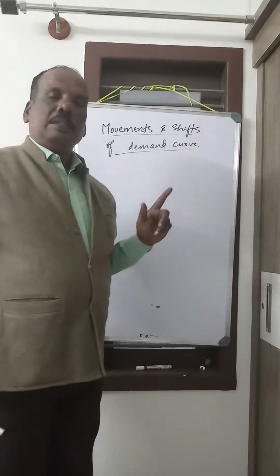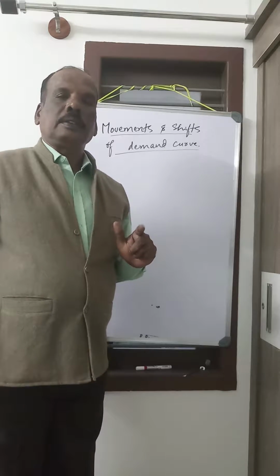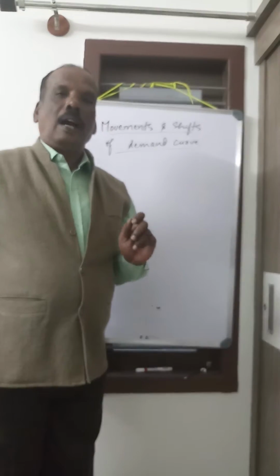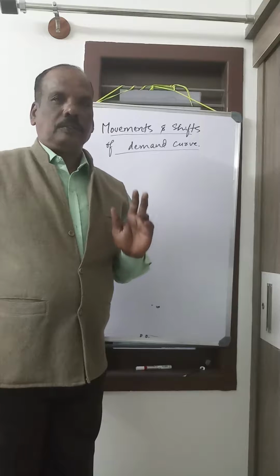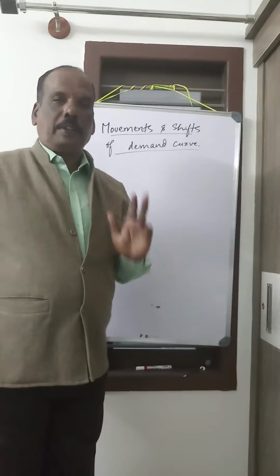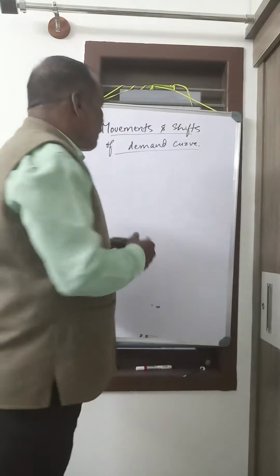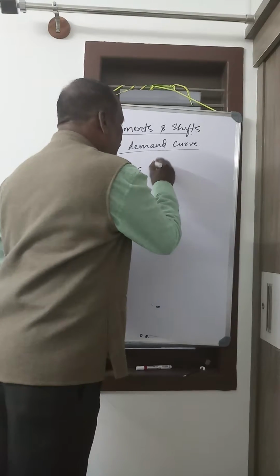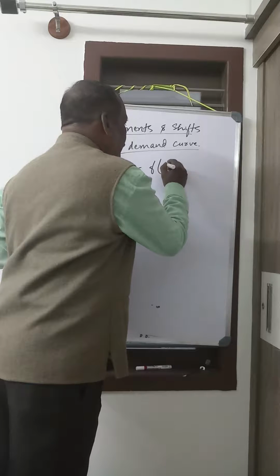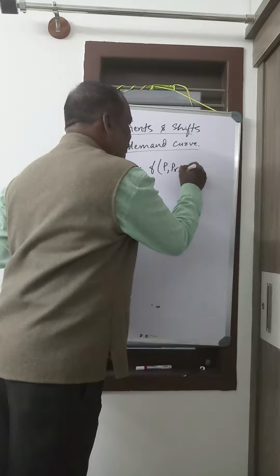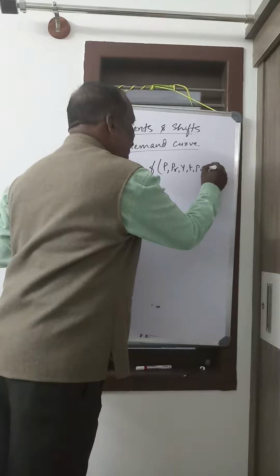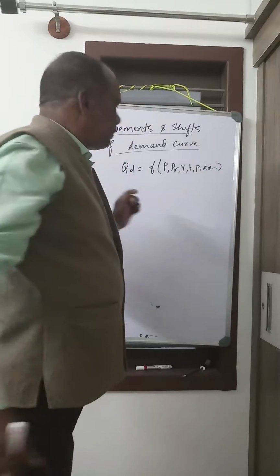So here in movements we think that price is active and the other factors are called the determinants of demand. So you know Q, QD, quantity demanded, is a function of price, price of related goods, income, taste, preference, advertisement, and so on.